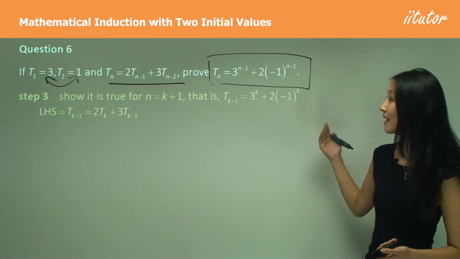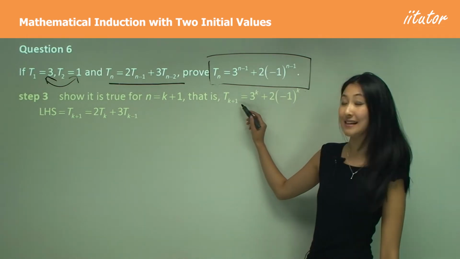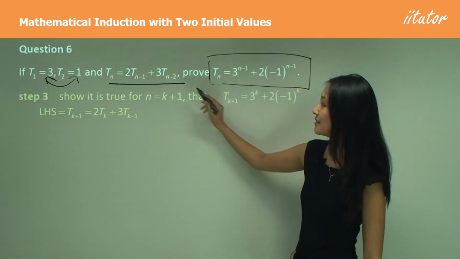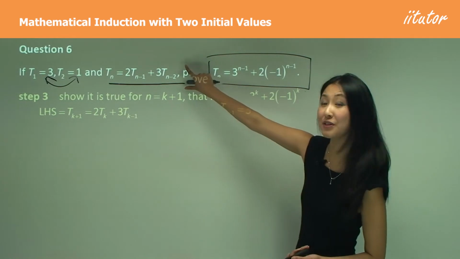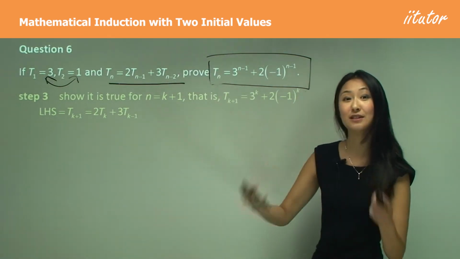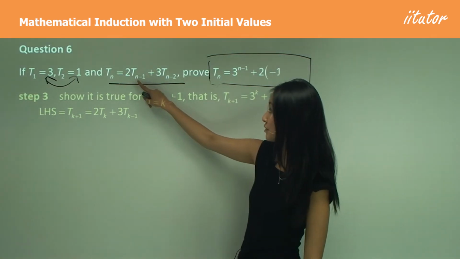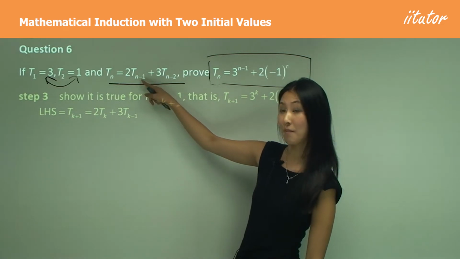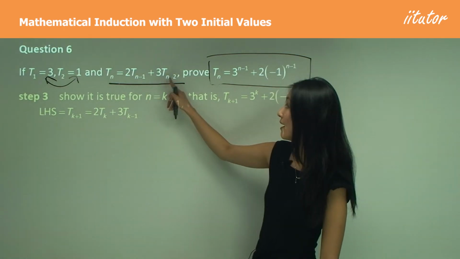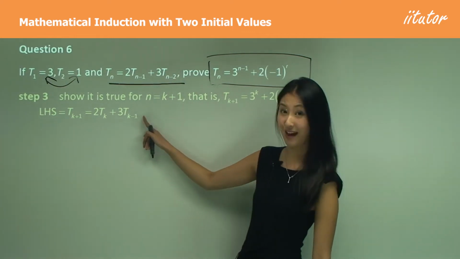Yes, so the first thing I want to do is start off with the left hand side, and that equals t k plus 1. And now we use this extra information here. We know this is true because it's told to us. So we can say that t k plus 1 equals 2 times tk, since k plus 1 minus 1 just gives me k, plus 3 times, and we have k plus 1 minus 2, which gives me k minus 1.